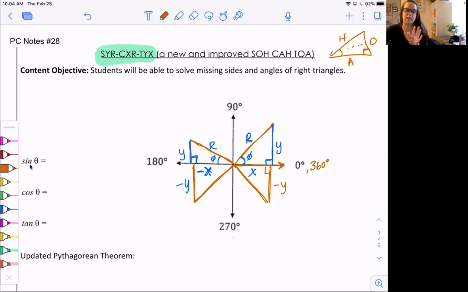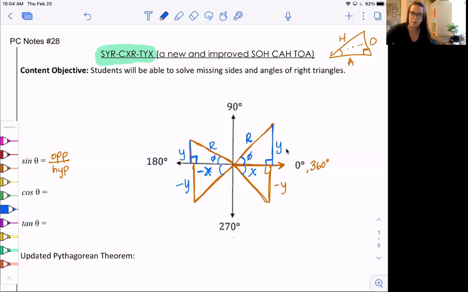All right, so thinking about sine, now that we know how triangles are labeled on this graph. It used to be O over H, opposite over hypotenuse. But now looking at all of these triangles, if my angle is always in the center here, what letter is always opposite of my angle?